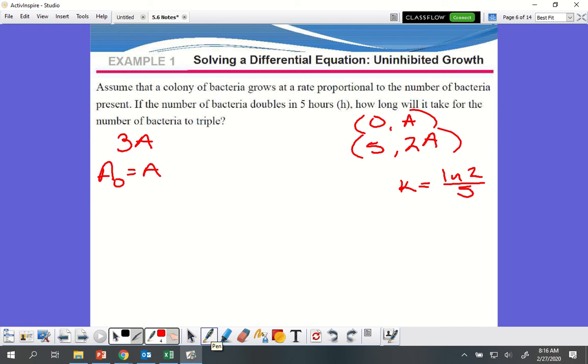Okay, how long will it take for it to triple now? That's my end result that I'm looking for. So I'm going to go 3A equals my initial, which is A, e to the, I'm going to look for t, so ln of 2 over 5 times t.